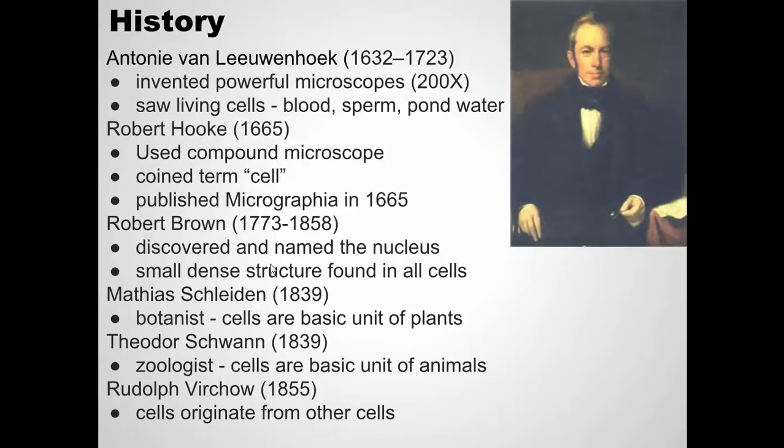They started to say that these cells are the basic unit, that they are the building blocks of all living organisms. And then it was Virchow that sort of established the fact that these cells come from other cells. And they don't just pop into being randomly. They come from other cells. Cells reproduce to make new cells.